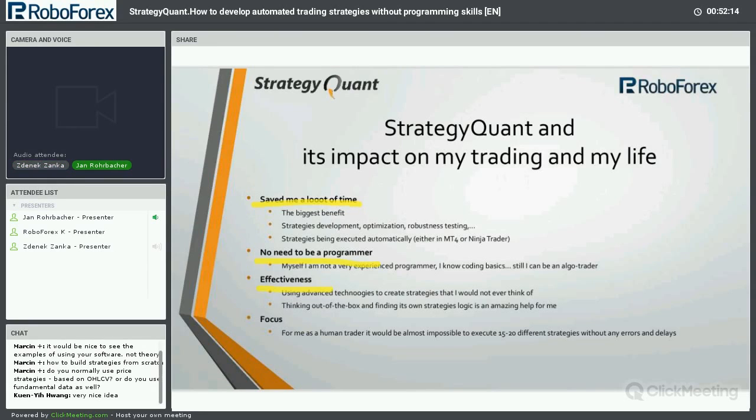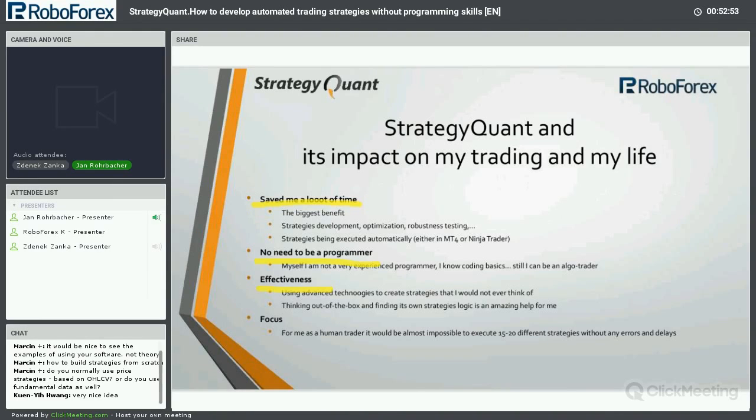And also in terms of being focused in my trading, we are all human traders. So it's almost impossible to maintain a portfolio of 15 or 20 different strategies at one time without any errors, delays, hesitation. It would be really difficult, and I'm pretty sure that after some time you will be really exhausted, and you will make mistakes.